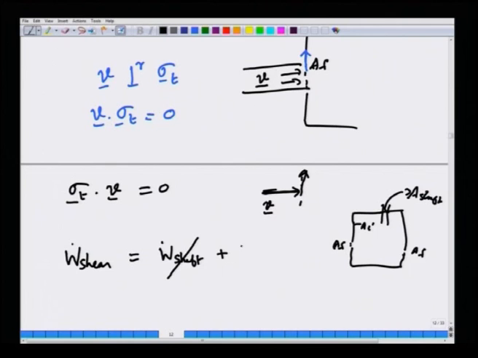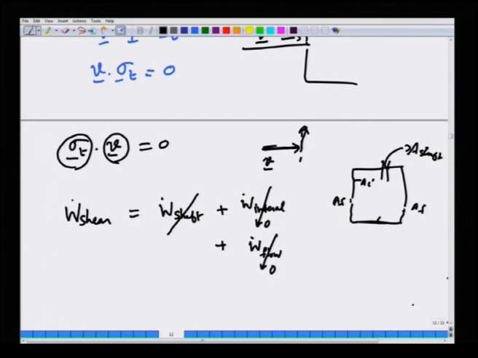One is due to the work done at the internal areas, which we said is 0, because even though there is a stress, there is no velocity. So, sigma t dot v is identically 0. And in the third case, we had the work done at the flow areas, and there it is 0 because the stress and the velocity are orthogonal to each other. So, W dot shear is 0 because we have already taken the shaft work into account separately.